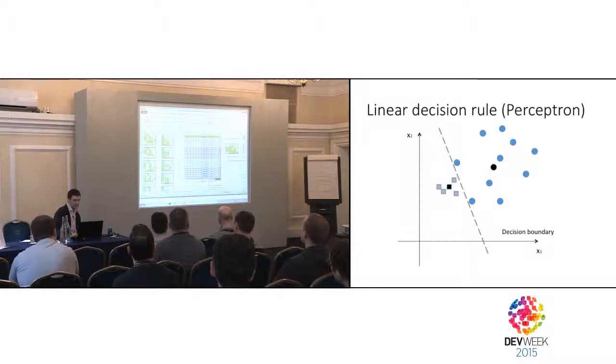And we can see that the number of examples which the system was able to recognize was larger than in the previous one. And so now you already know two approaches for pattern recognition. The first is the method of prototypes, and the second one is the linear decision rule.